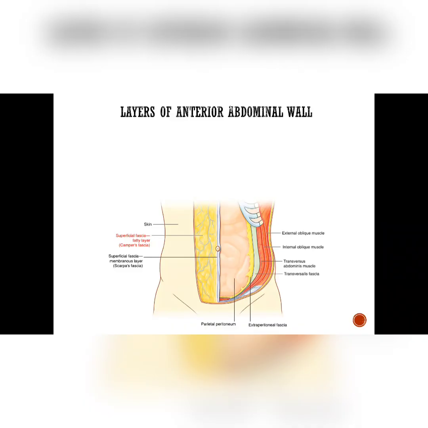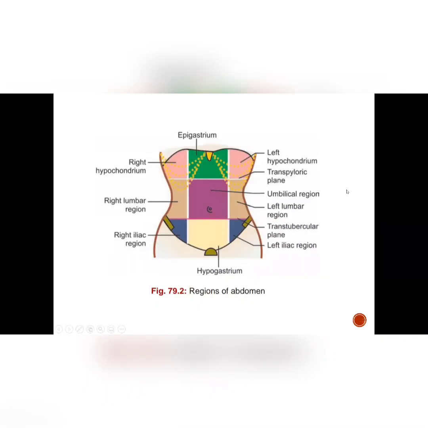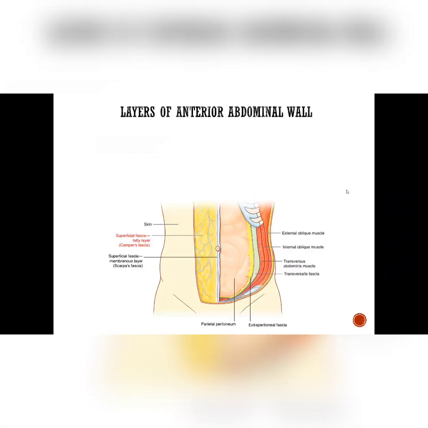Can you take a guess of how many layers are present within the anterior abdominal wall? Yes, when you feel your abdomen, you think it's soft, but it does provide protection to your abdominal viscera. Remember that there are 8 layers.